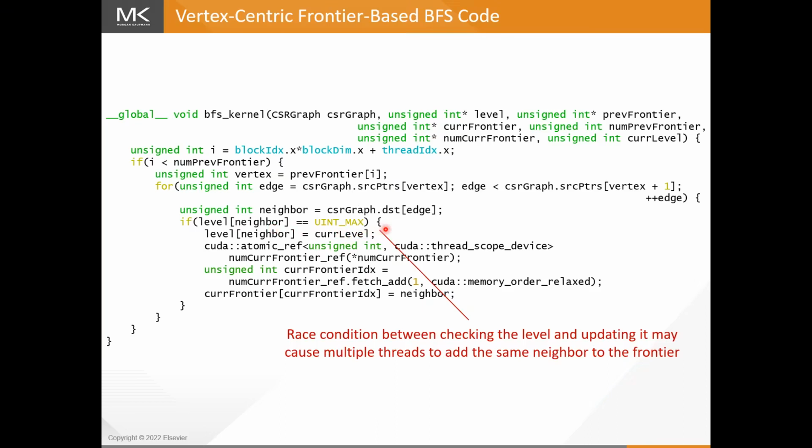We need to do something atomically. What should be done atomically? Right, we need to be able to atomically check if the value is uint max, and if the value is uint max, we want to go and set the value to the current level. Is that clear what this operation is?